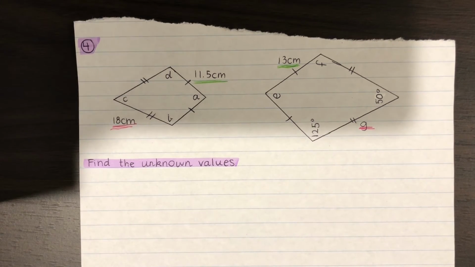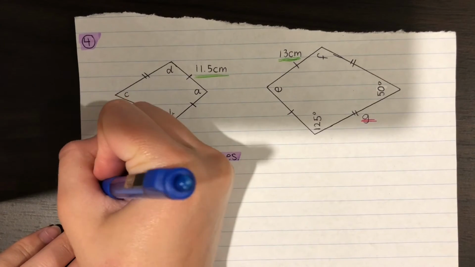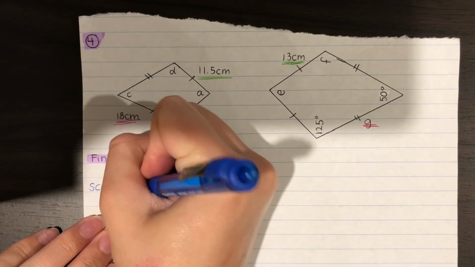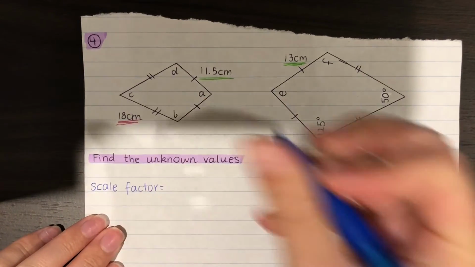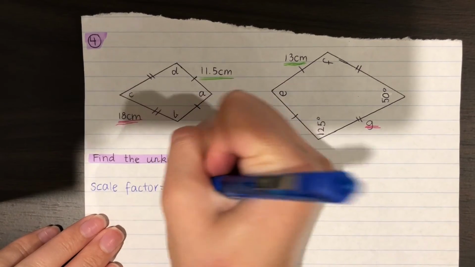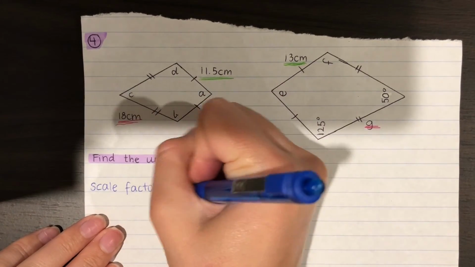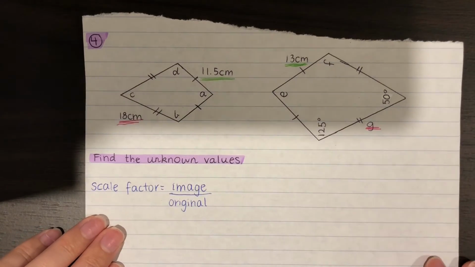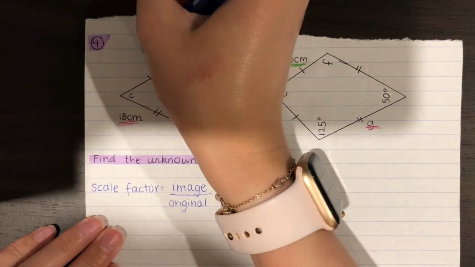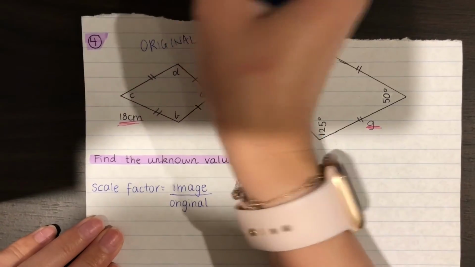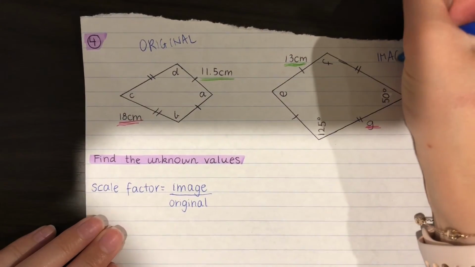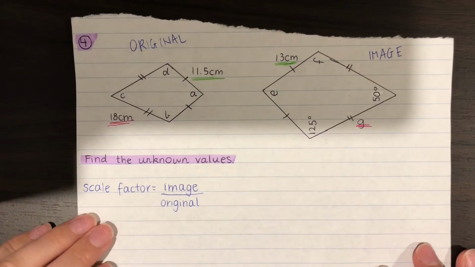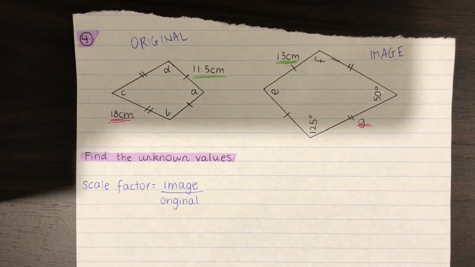Okay, so scale factor. What's our formula? Image length over original length. Label which is which. Original's first, image is what it becomes. Image is left, original is right.